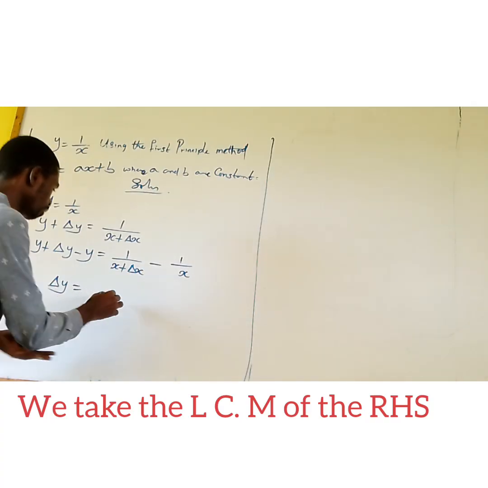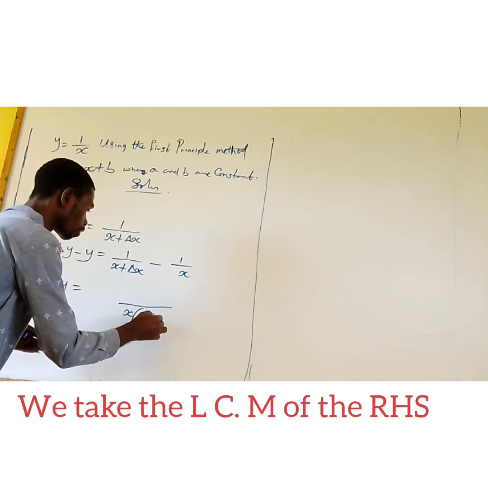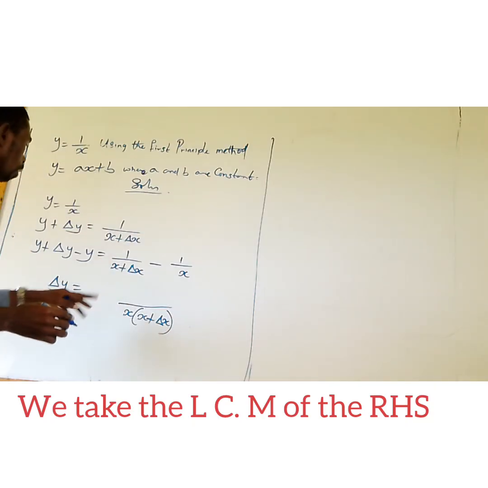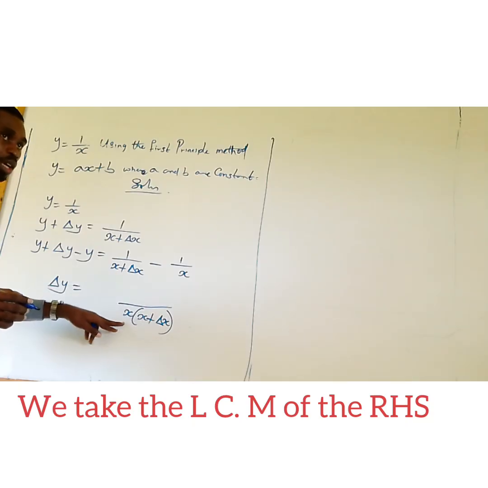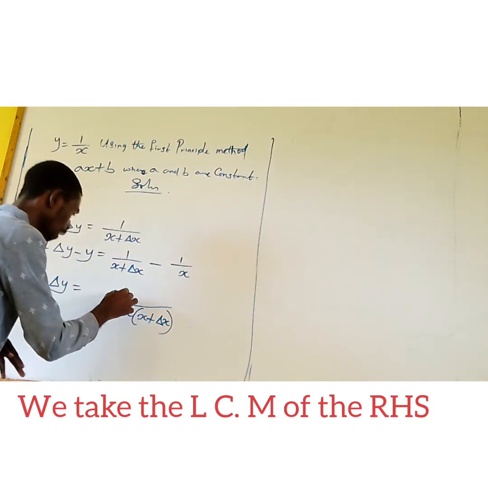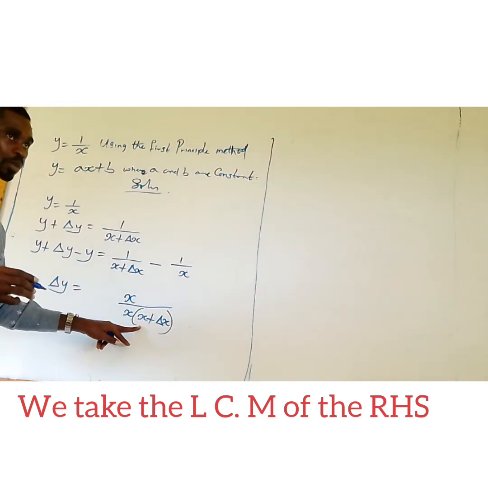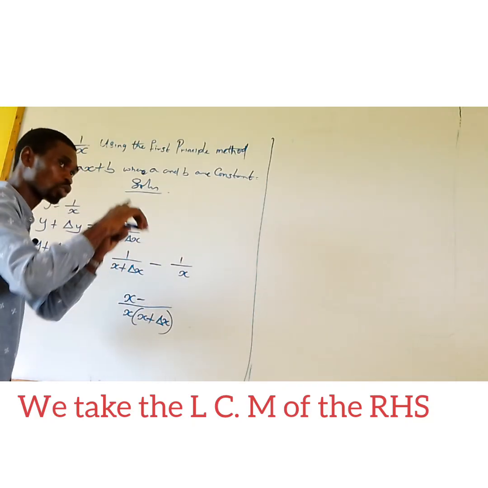The LCM of this will give us x into x plus change in x. Right? Now, x plus delta x in this will give us x times 1, that is x. x in this, we have x plus change in x times 1. Remember this is minus, so minus is going to multiply.